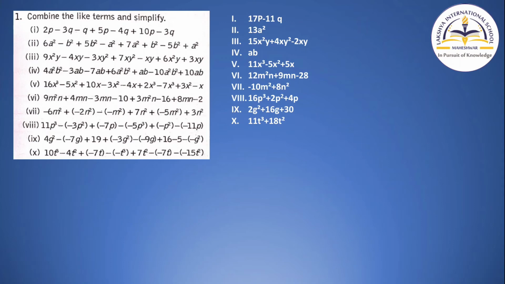Now we will see how many terms there are for t square: that is minus 4t square, and this one 7t square, and this one. So minus 4t square plus 7t square. Now minus minus is plus, so 15t square.